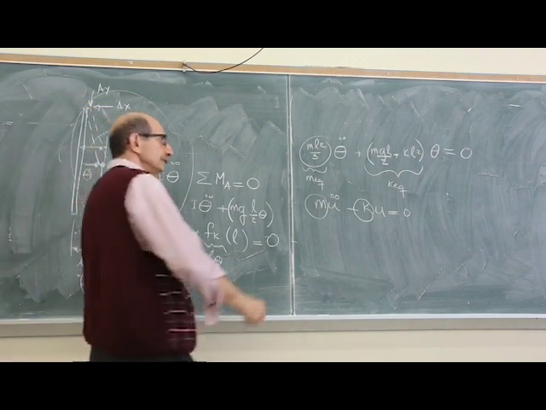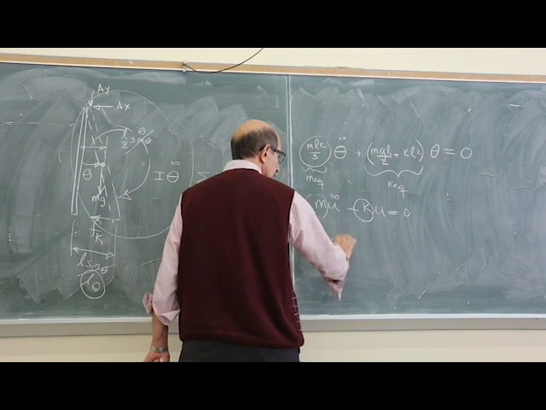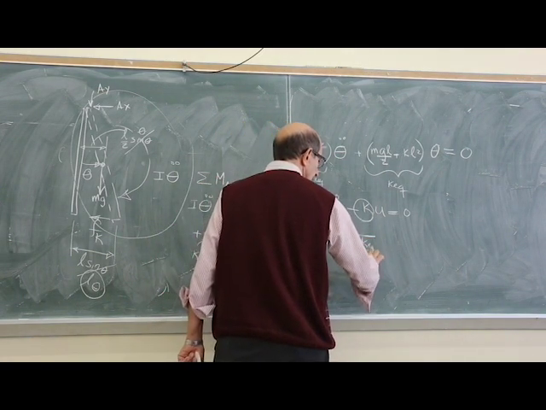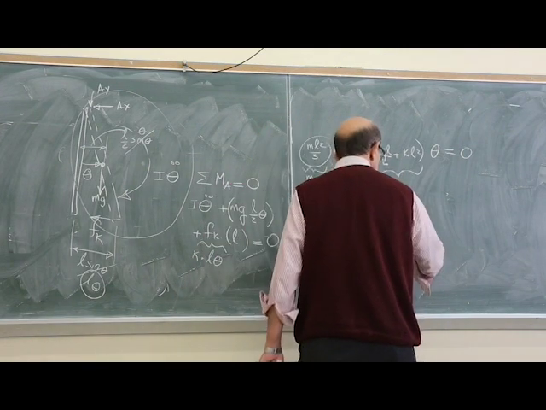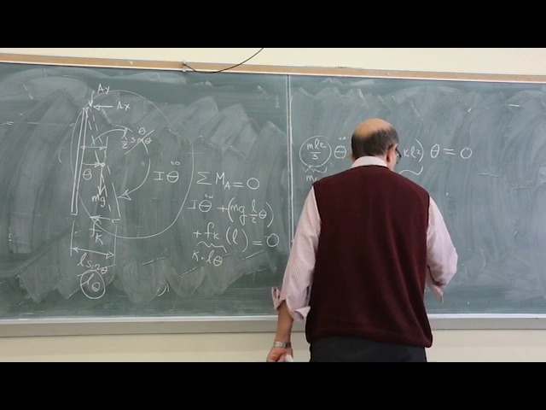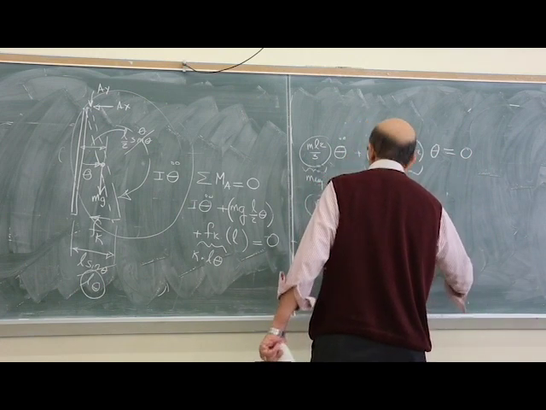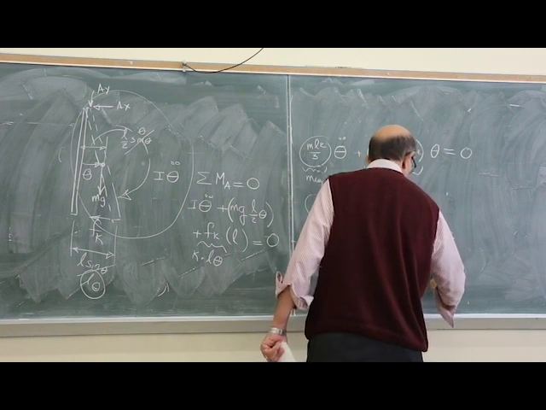Or this is the single degree of freedom system, and natural frequency, which is square root of k equivalent over m equivalent, then would be mgL over 2 plus k L squared divided by mL squared over 3.